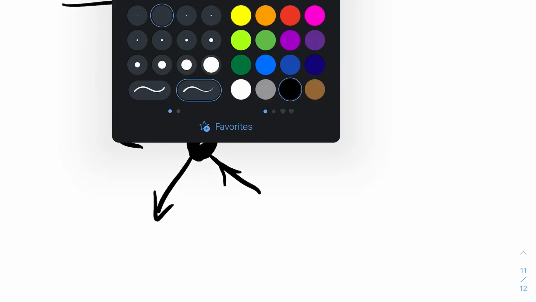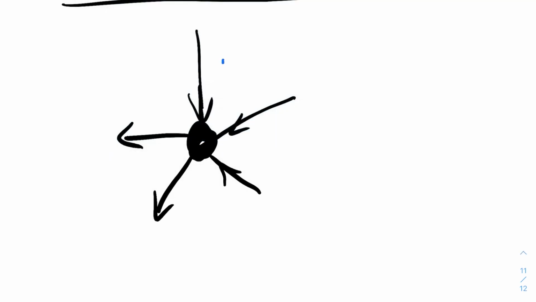We've got current coming in, and then current coming in, current exiting, and current exiting. I'm not going to give them actual values, I'm just going to give them labels now. So let's go I1, I2, I3, I4, I5.